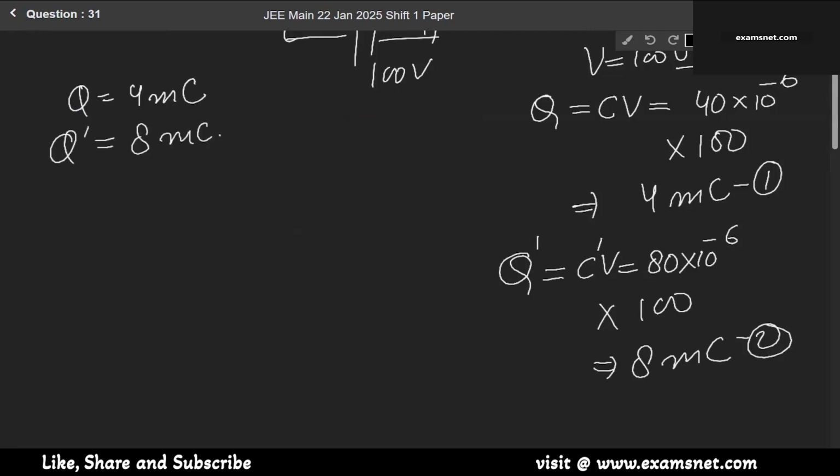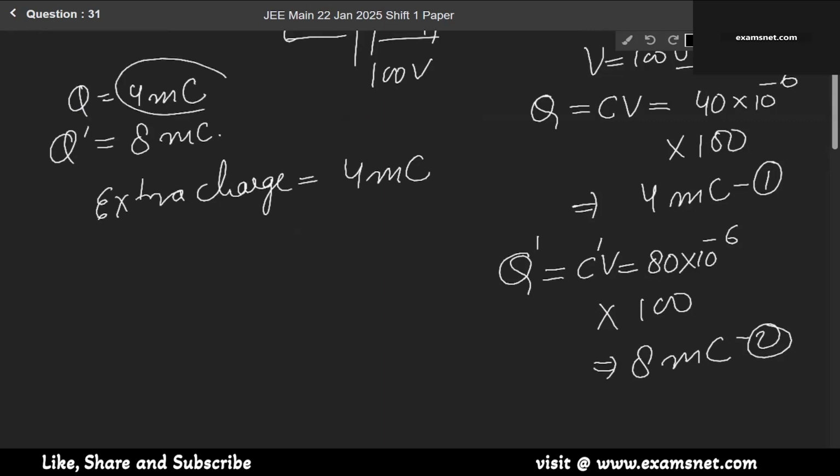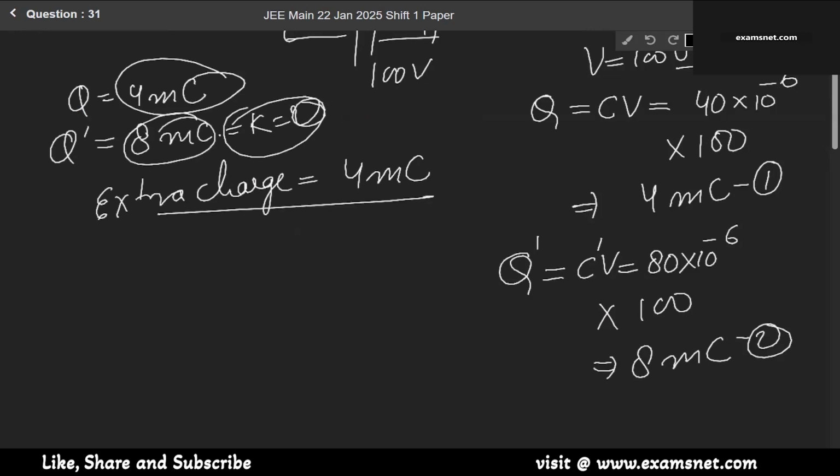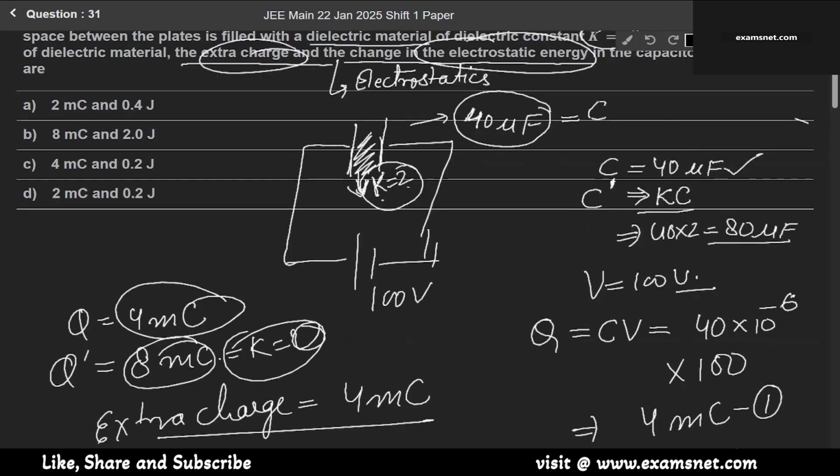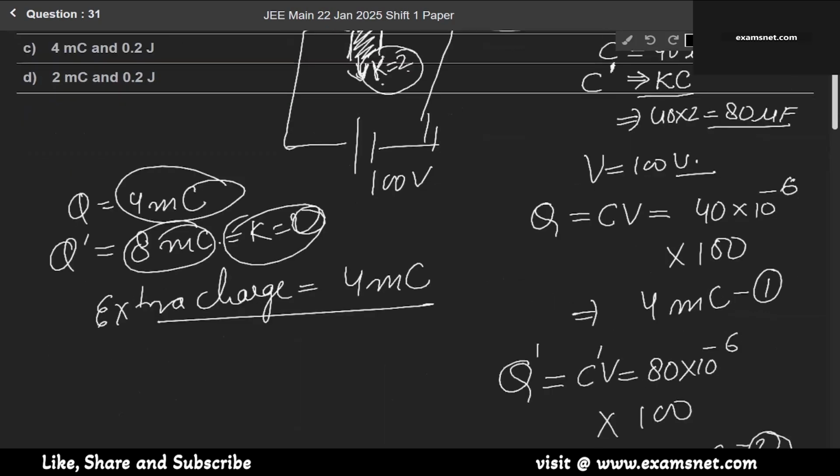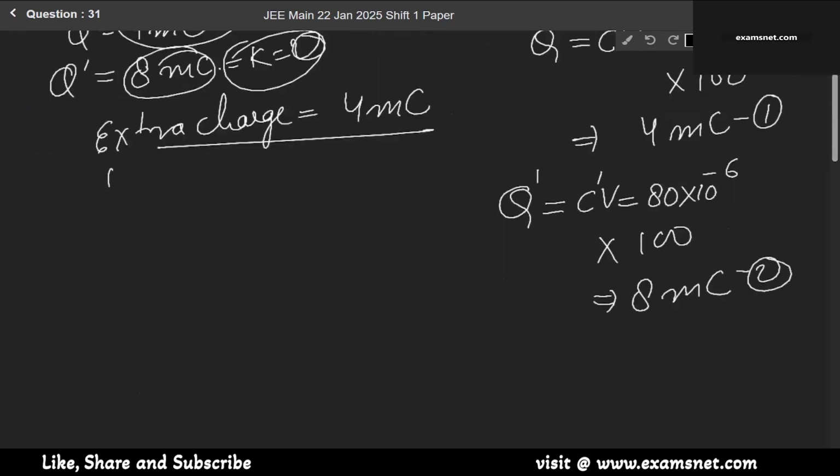So the extra charge is 4 millicoulomb. At first it is 4, and after the insertion of K equals 2, the charge becomes 8 millicoulomb. So the extra charge is 4 millicoulomb, and we are asked to find the electrostatic energy as well. So we know the formula of electrostatic energy: U equals half CV square.